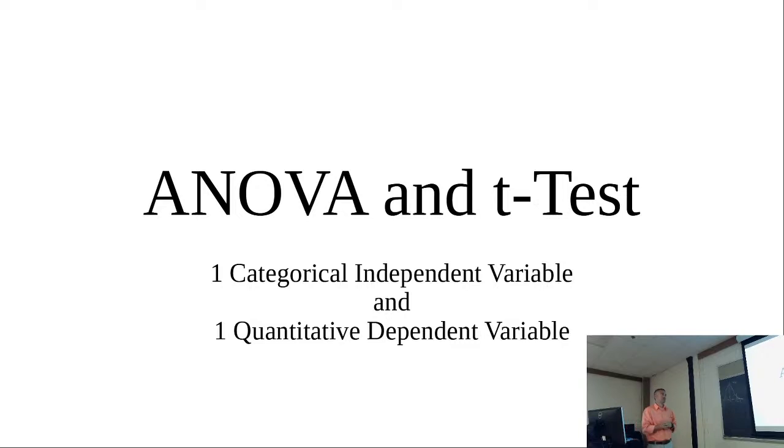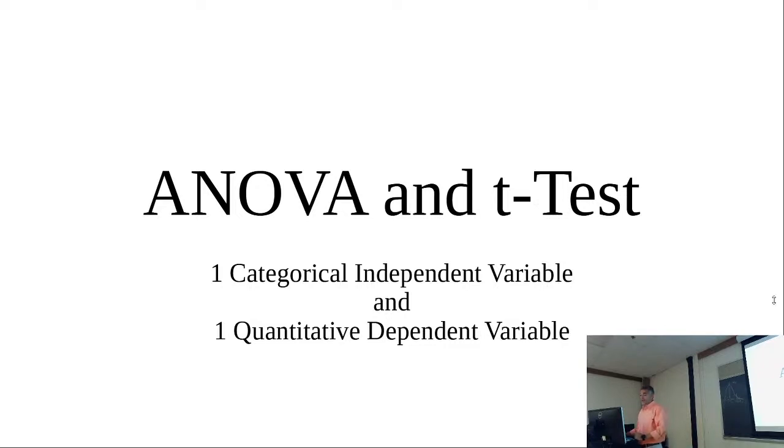So what we're going to do is move towards ANOVA and t-tests. Both of these tests require one categorical variable. That's going to be our independent variable. And we'll have one quantitative variable, some measurement variable. That's our dependent variable. So with these tests, we're basically asking, is our measurement of this dependent variable actually dependent on which group we belong to?